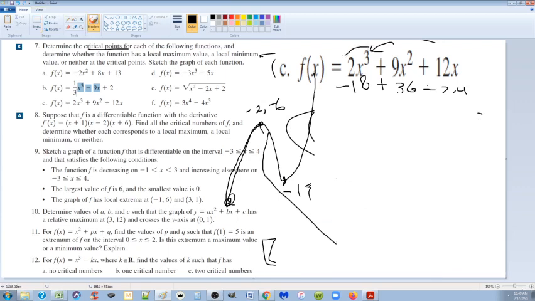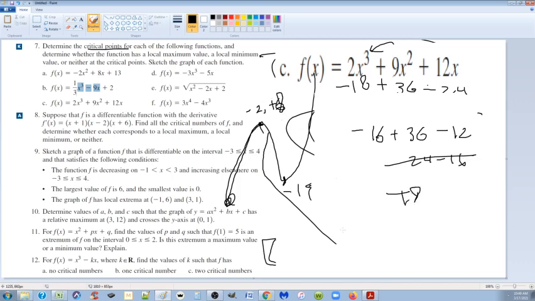So -2 into here becomes -16 plus 36 -12. Ah, I did do it wrong. So that's 24 minus 16. There you go. Plus 8. So it's -2 plus 8 here.